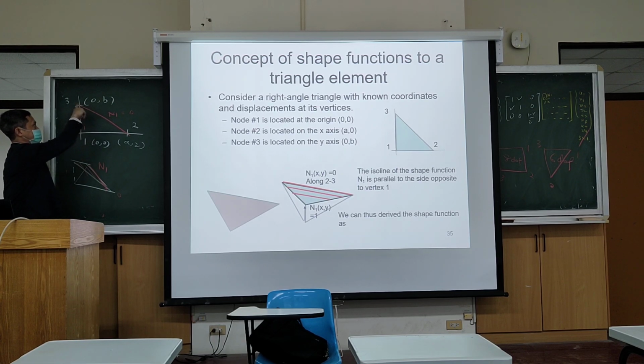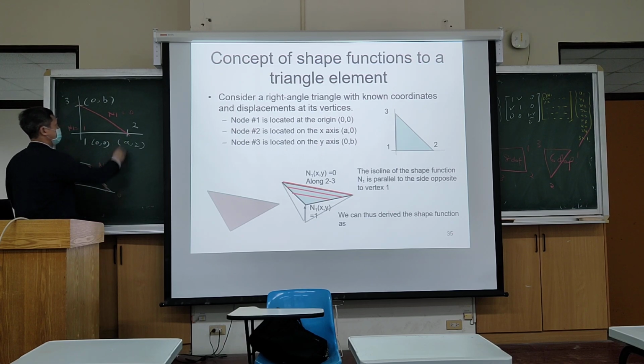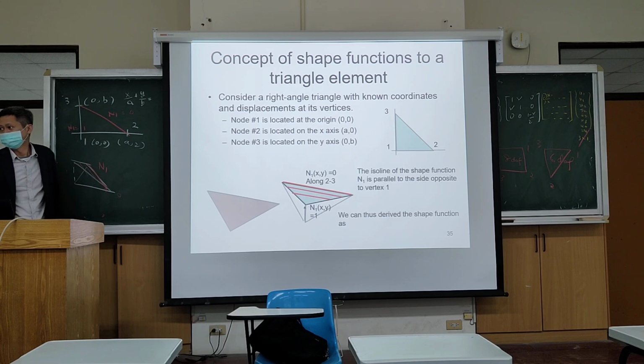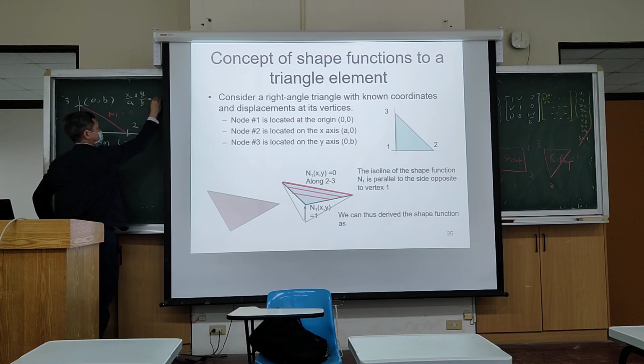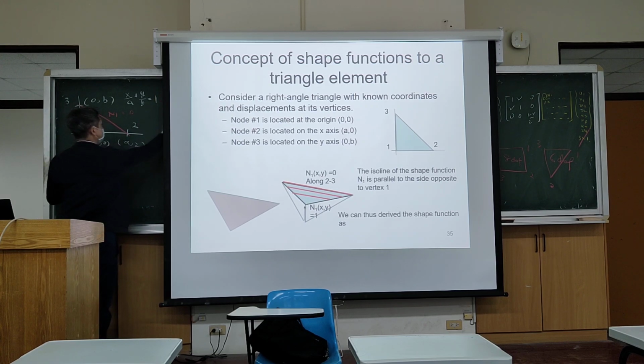N1 equals 0 at nodes 2 and 3. So now do you know how to write this line? The shape function here is x over a plus y over b equal to, is it equal to 0 or equal to 1? Yes, it's equal to 1. Okay.